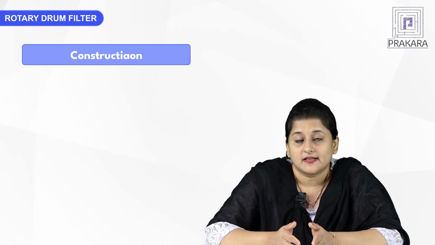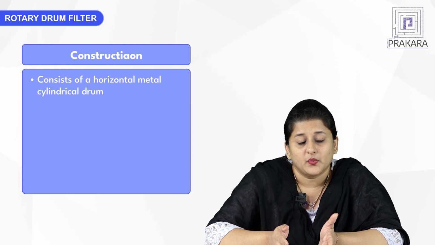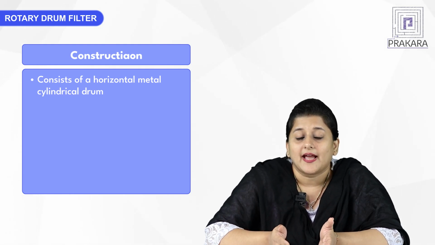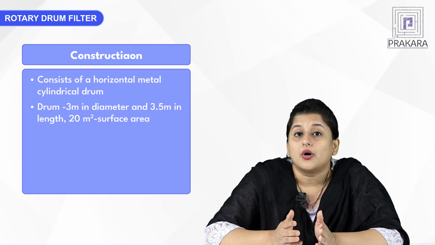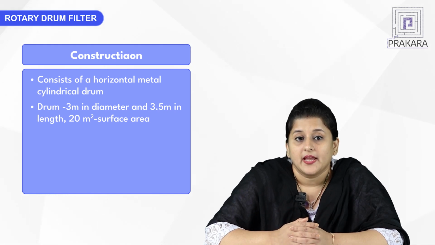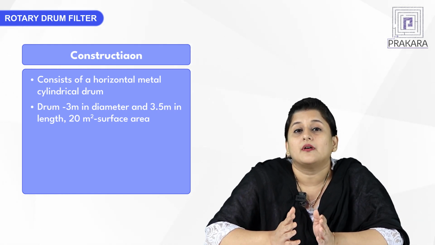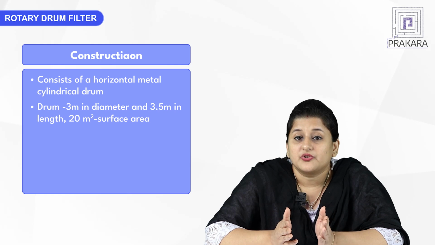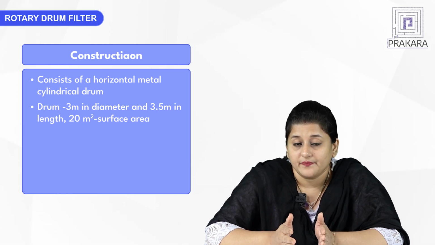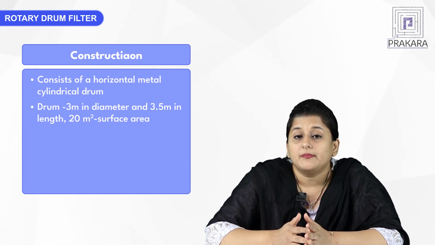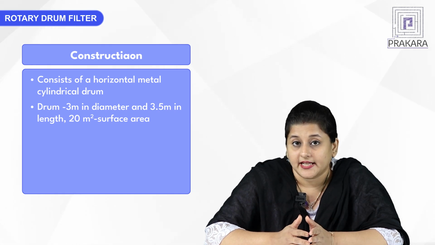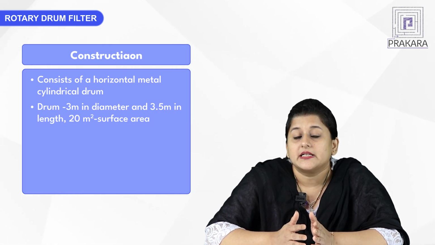As the name itself suggests, it consists of a drum which is cylindrical in nature and it is made up of metal. This drum is horizontally mounted, and the drum has specifications of about 3 meters in diameter and about 3.5 meters in length, and it gives a total surface area of 20 meters square.